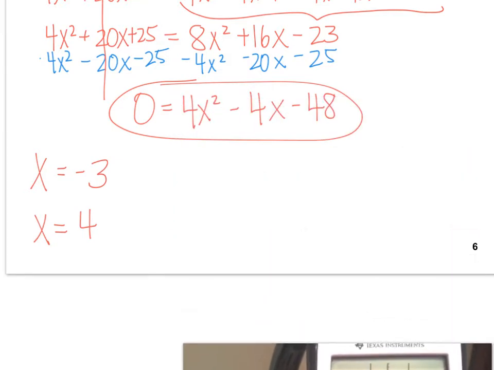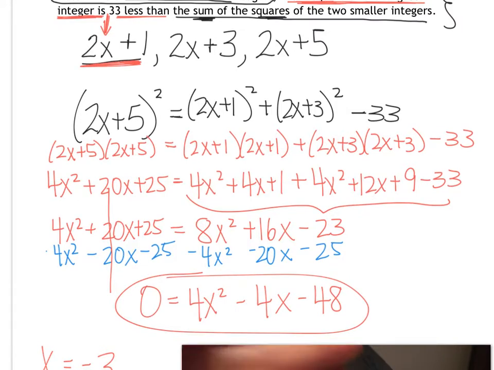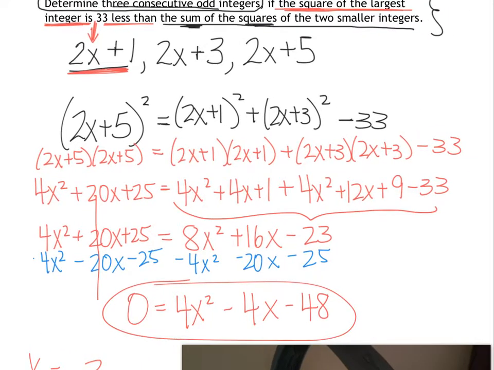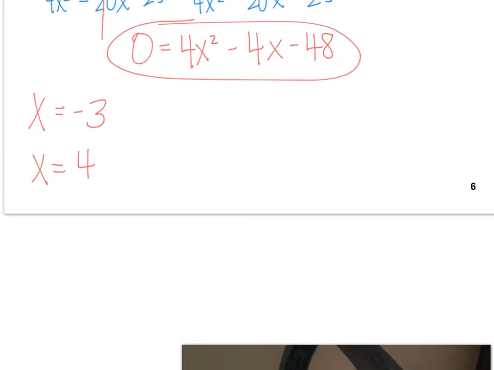Now, here's the thing. If you go back up to our original statement here, we've got numbers of 2x plus 1, 2x plus 3, and 2x plus 5. So if we take our answers, let me just write that down.